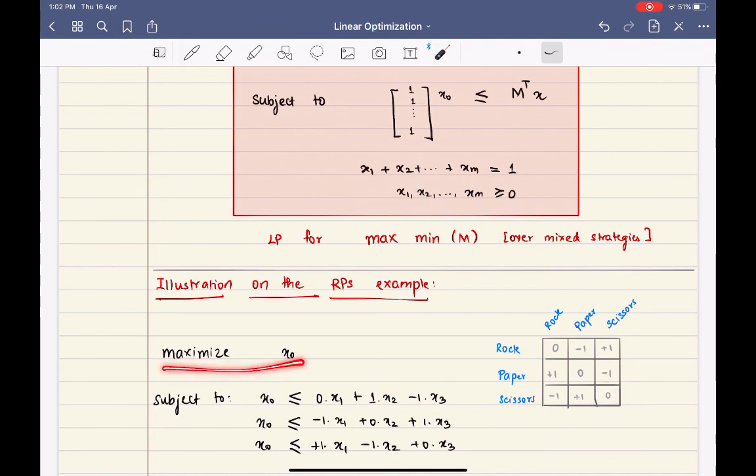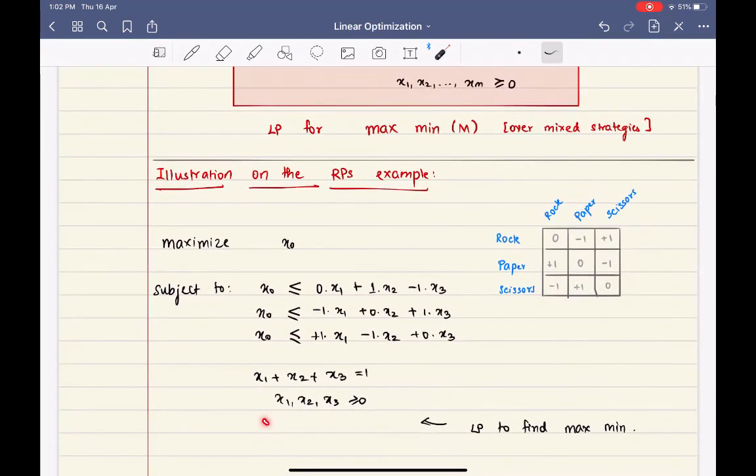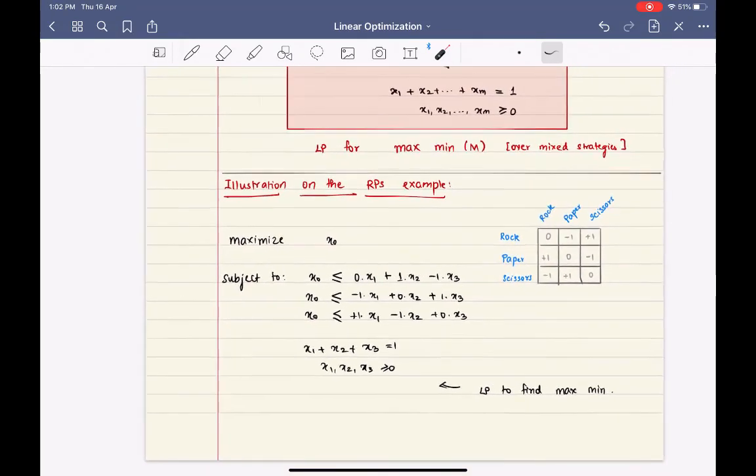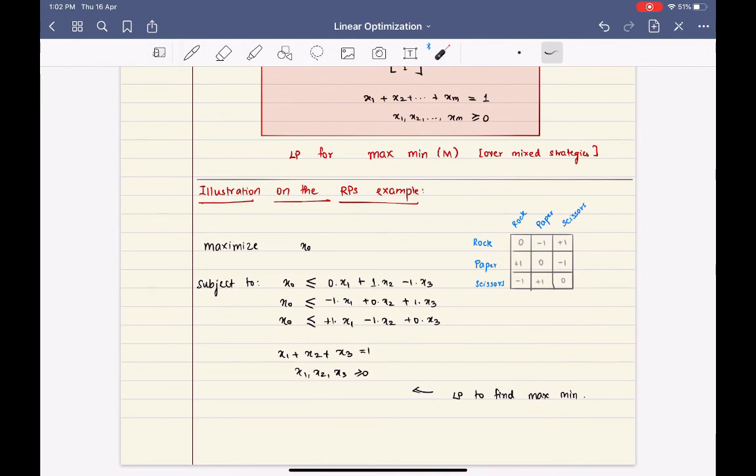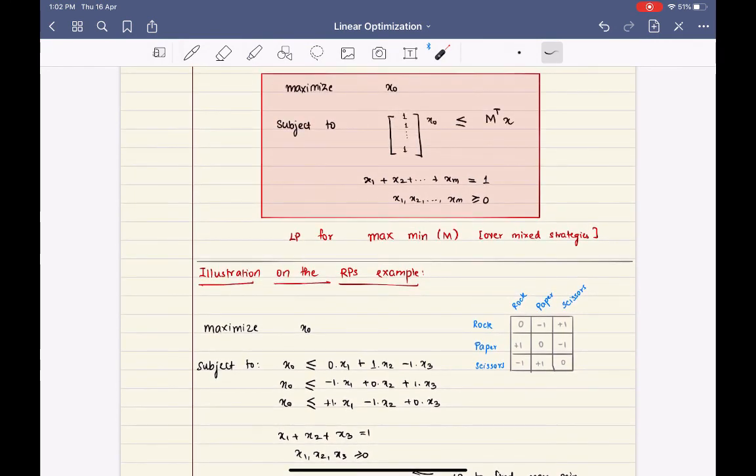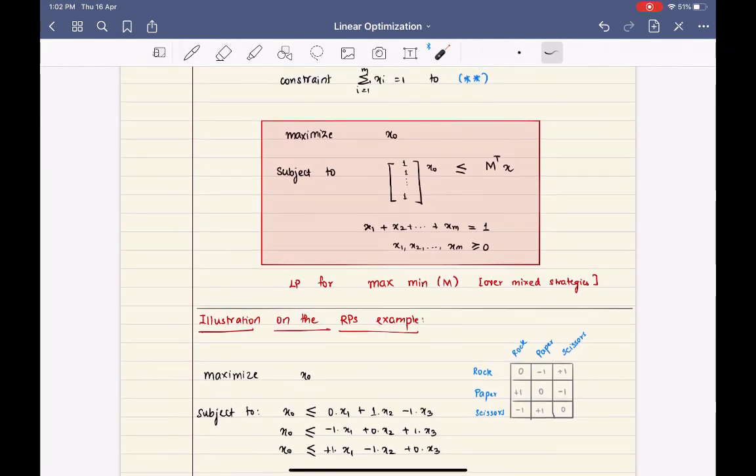Then we want to maximize x0 subject to these constraints. So this gives us the LP for computing the max min on the RPS example. So for a given game, we should now be able to write an LP for the max min.